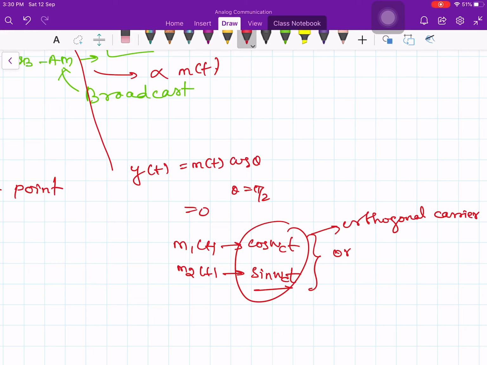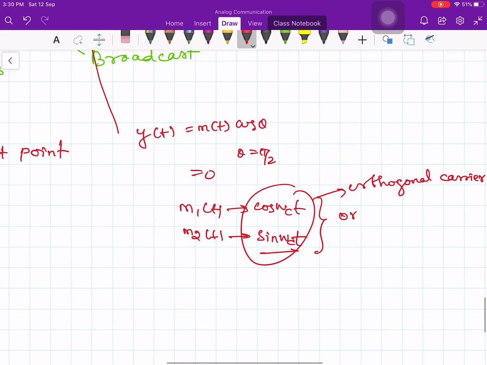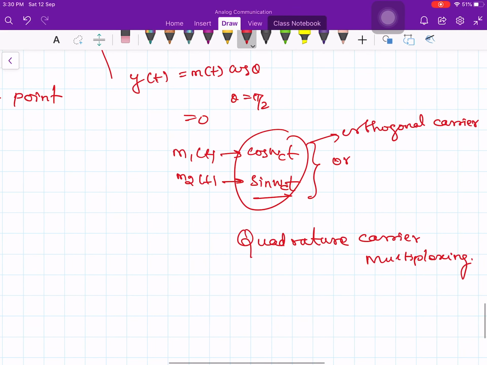So this is a very nice thing one can do, which is called quadrature carrier multiplexing. That is, you can put two signals on the same carrier.